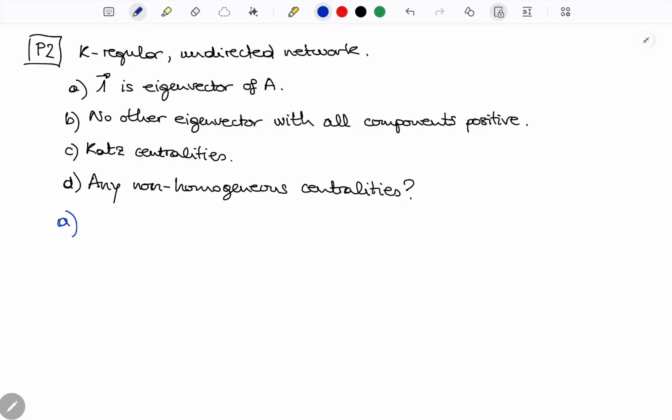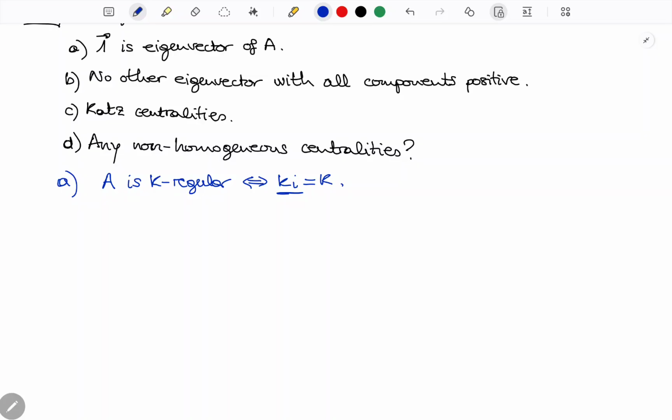Okay, so now 1, they tell me that 1 is an eigenvector of A. Well, this is quite simple, because if A is k-regular, this means that the degree of every node is equal to k. And now, how can we compute ki?